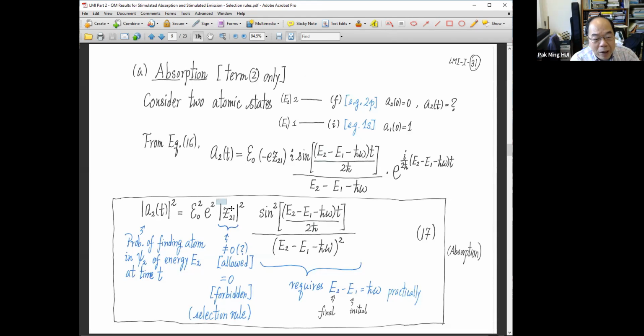First, we have to check whether this integral is 0 or non-zero. If it is 0, then you don't need to work anymore. This transition from this particular initial state to the particular final state, you pick a 2 and then you do the integral. If this is 0, it is a forbidden transition.